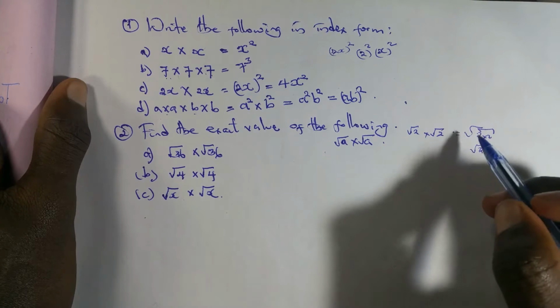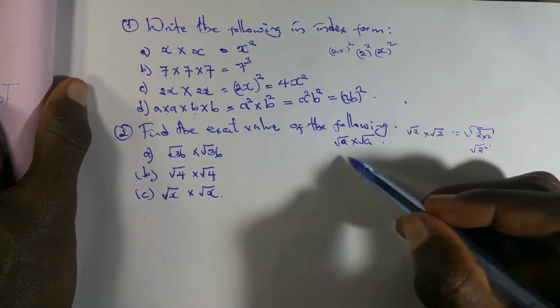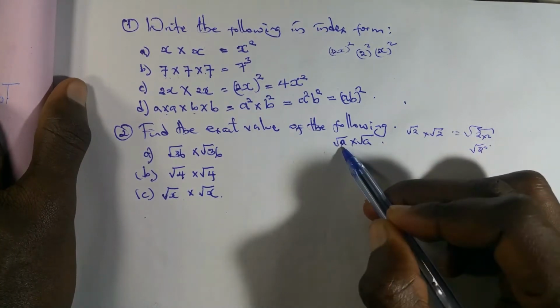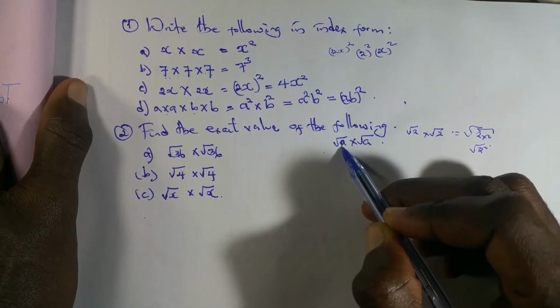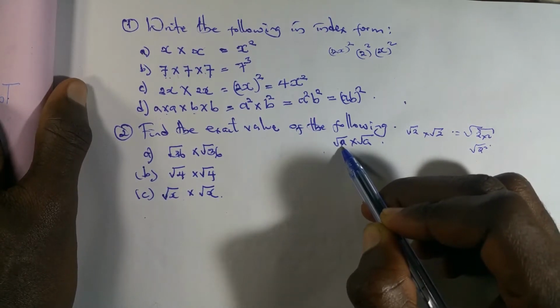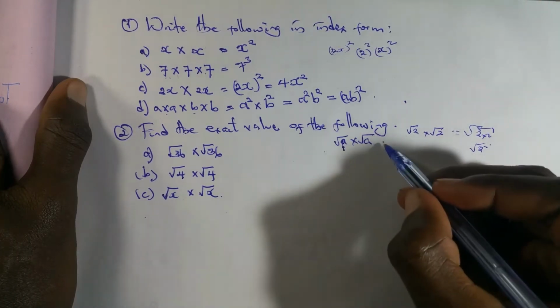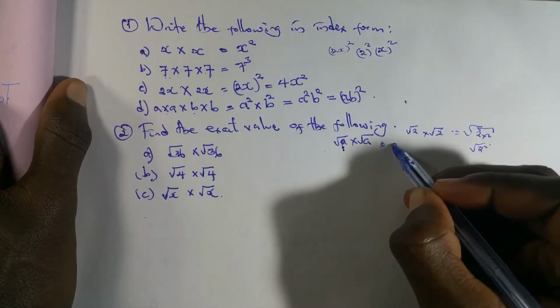So if you see the root of any number multiplying itself, it's always that number under the root. So root of a times root of a is going to be a.